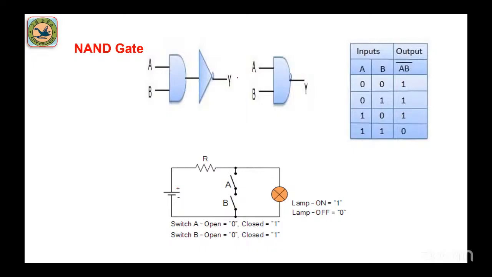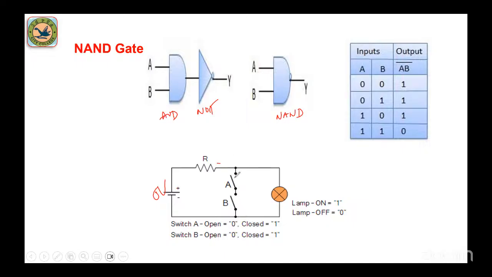This is the NAND gate. An AND gate followed by a NOT gate is nothing but a NAND gate. This is the 5-volt supply, with two switches connected in parallel.